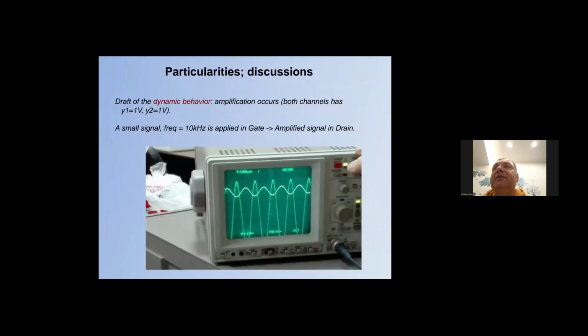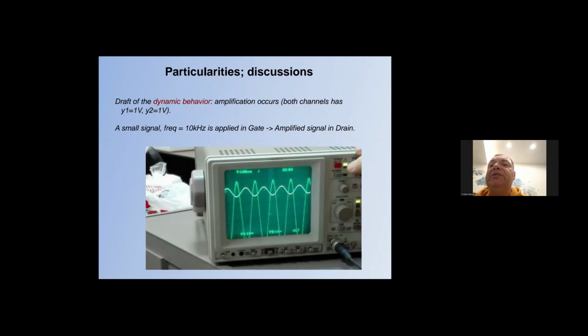Also, we studied for these transistors the dynamic behavior. Here you observe the study with an oscilloscope of the amplification of the signal. For instance, a small signal of low frequency, 10 kilohertz, was applied on the gate. So the gate represents the input of this device regarded as an amplifier of signal.